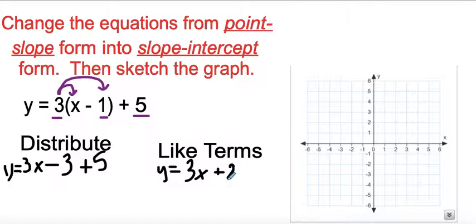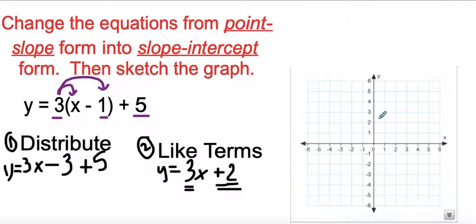So just a two-step process when we go from point slope to slope intercept. So make sure you write this down. We're going to distribute, and then we're going to combine like terms, and that's really all there is to it. So now we have y equals 3x plus 2. Here's our slope. Positive 2 is our y-intercept.